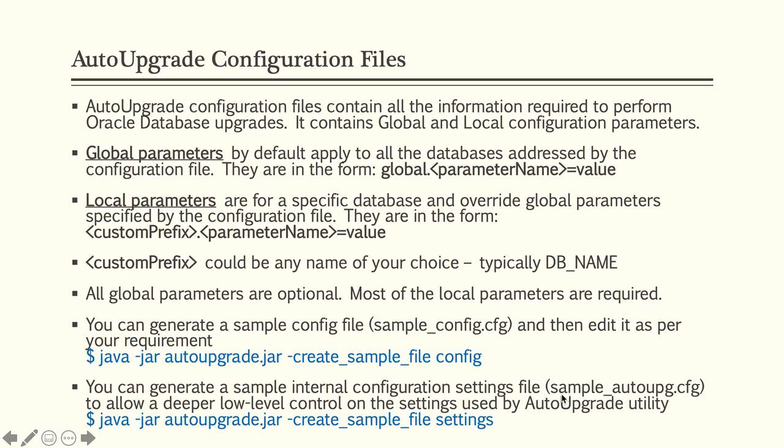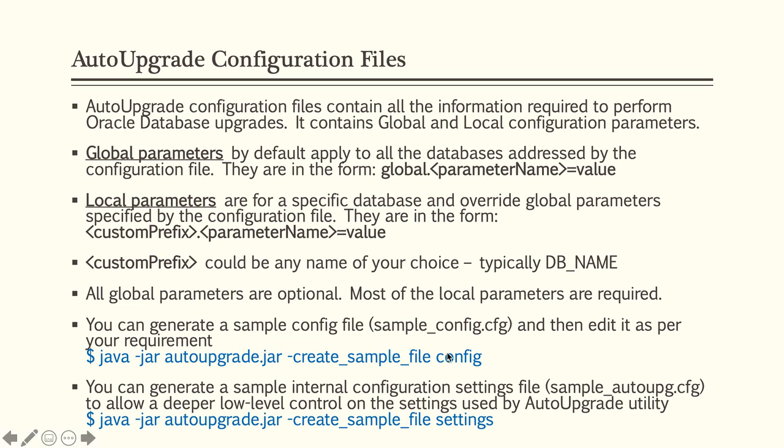In your current working directory, it will create a file called sample_autoupgrade.cfg. These are nothing but settings internally consumed by your auto upgrade utility, such as heartbeat interval, refresh interval for command status, something that I never found interesting enough to go and poke my nose into.